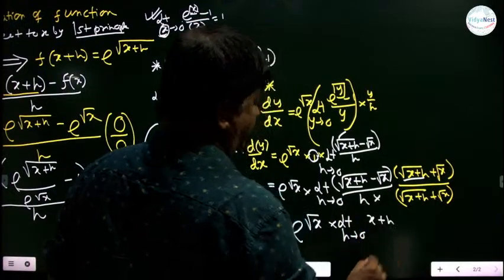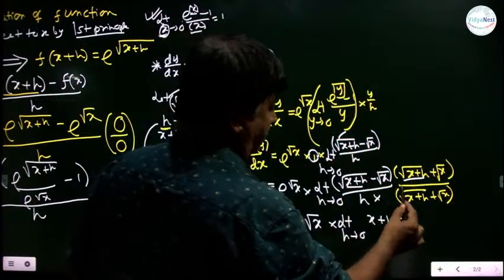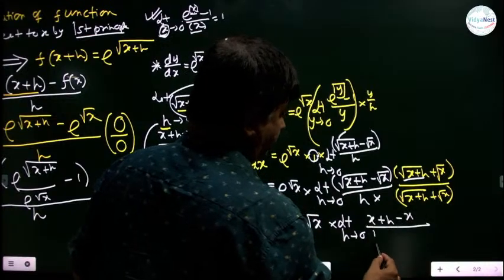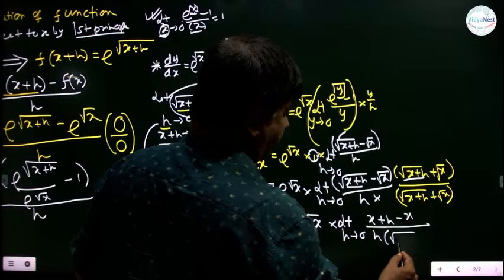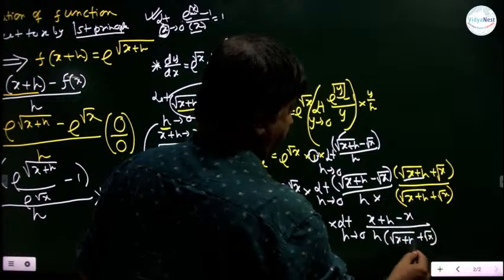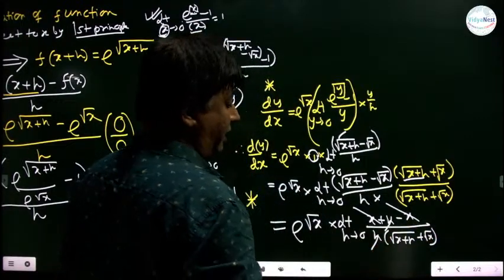x plus h means root x plus h whole square. Root will be wiped out. Minus root x whole square. X will get cancelled. H will get cancelled.